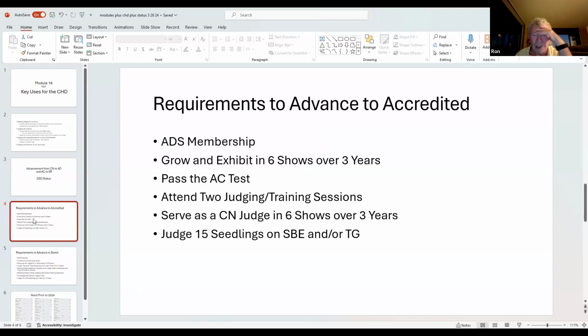You need to grow and exhibit dahlias in 6 years or in 6 shows over 3 years. You need to take the written AC test. You have to participate in at least 2 of these sessions that we're having tonight. And you need to serve as a candidate judge in 6 shows over 3 years.